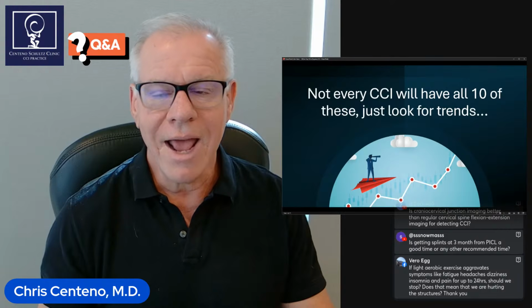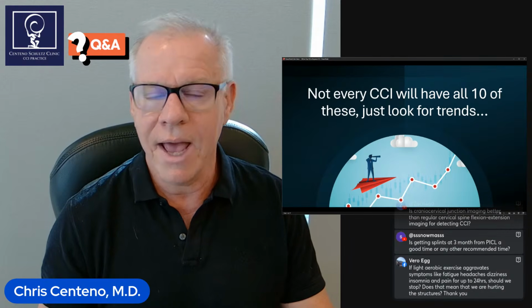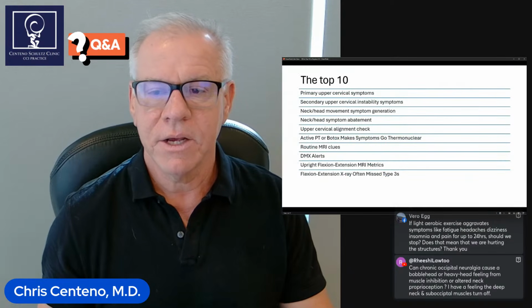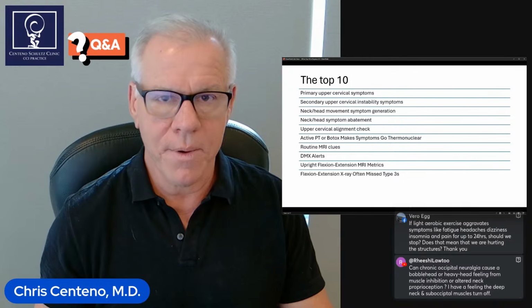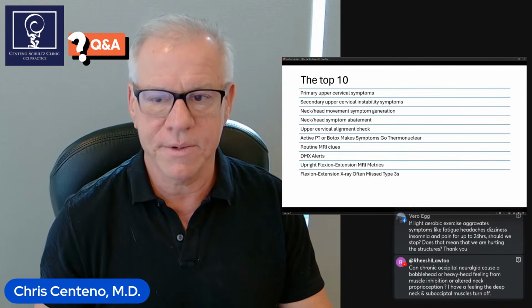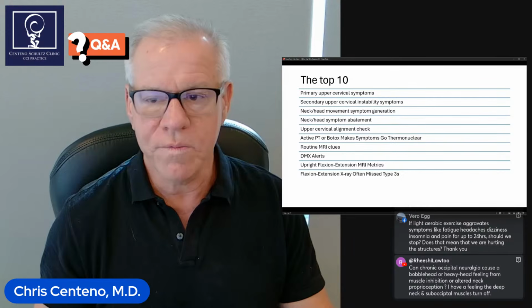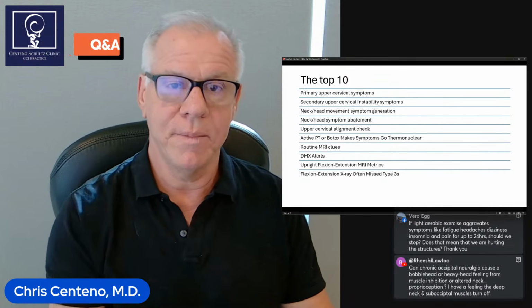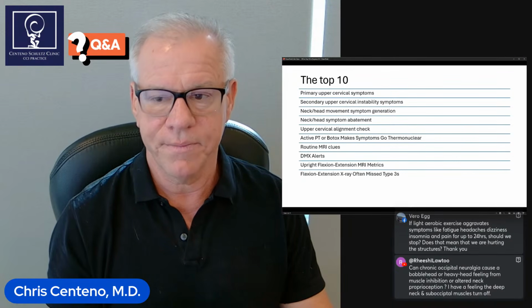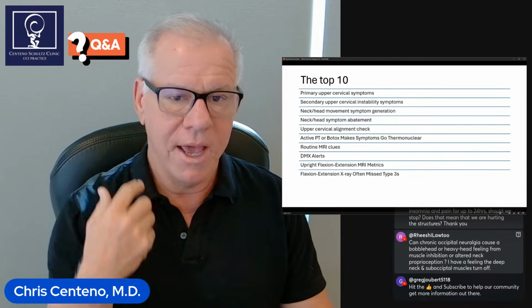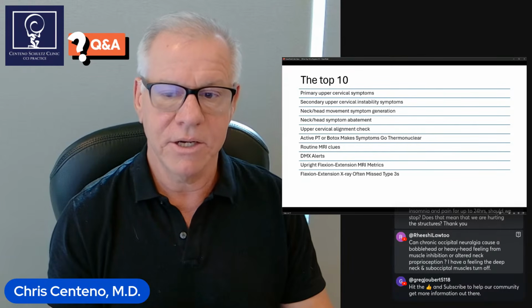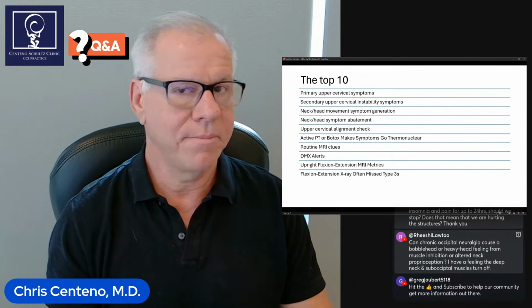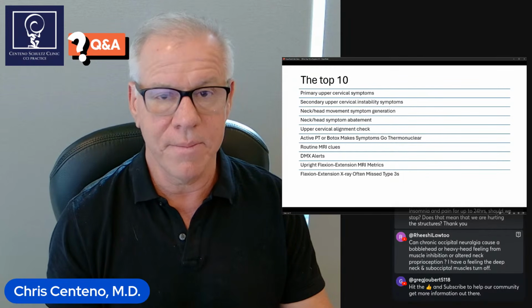So not every CCI patient will have all 10 of these. So just look for some trends here. So the top 10, we'll go through primary upper cervical symptoms, secondary upper cervical symptoms, neck head movement generating symptoms, stopping that neck head movement to abate or help symptoms, upper cervical alignment and how that helps me to determine whether or not someone's got CCI, how active PT or Botox can make patient symptoms just go thermonuclear and really bad.